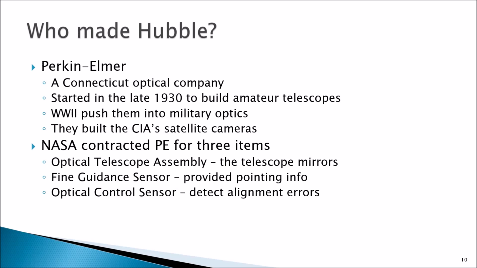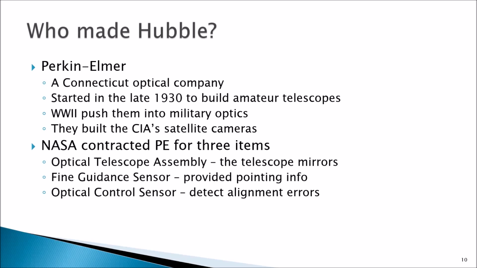Both of them were amateur astronomers, and they met at a conference at Harvard University for amateur astronomers and decided in the late 1930s that it would be a good idea if we built some amateur telescopes here in the United States before the war that was imminent broke out in Europe. So they started the company in the late 30s and started building some amateur telescopes.